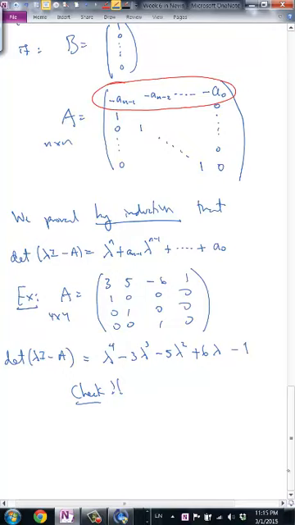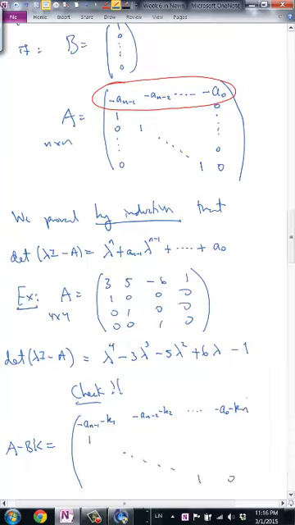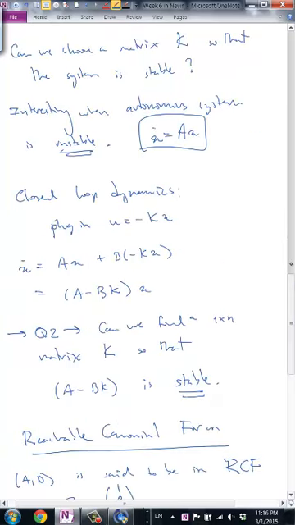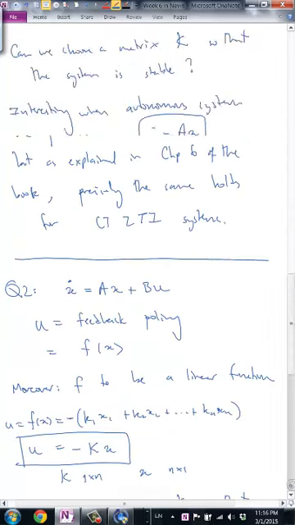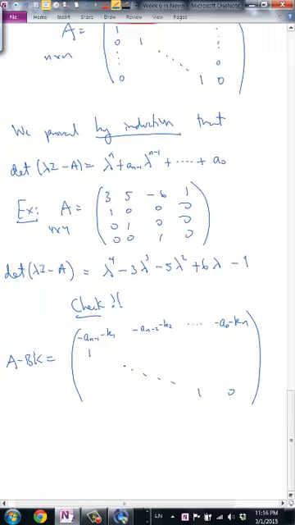So what is so great about reachable canonical form? With A and B as written, A minus BK is now equal to the special matrix with first row minus a_{n-1} minus k1, minus a_{n-2} minus k2, all the way down to minus a_0 minus kn. In other words, A minus BK is already in reachable canonical form.